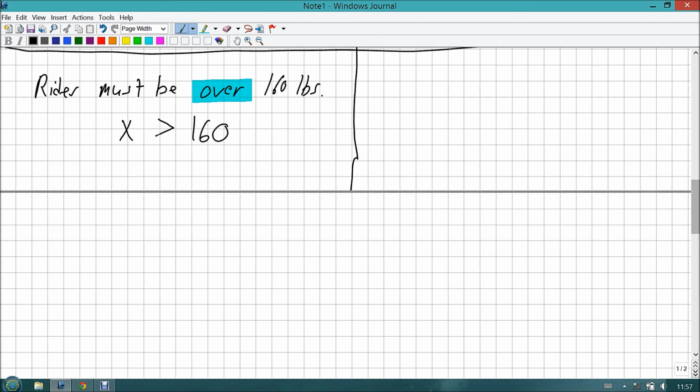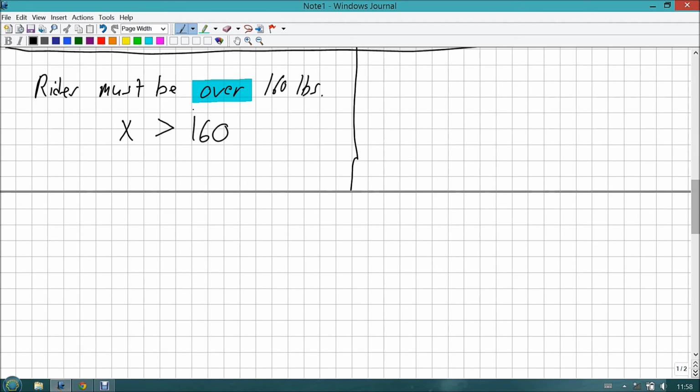But does it say that it has to be equal to? Well, if it says the rider must be over 160 pounds, that kind of leaves it in an ambiguous case. However, we can always go on the side of caution and say that it doesn't mean equal to. If you have to be over 160 pounds, then 160.1 pounds would be good enough, but 159.999 would not. So x has to be greater than 160 pounds because that's what over means.